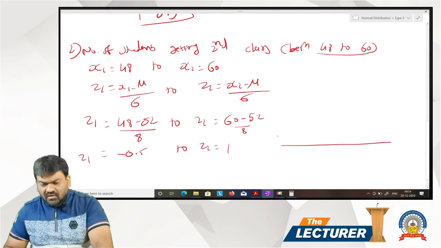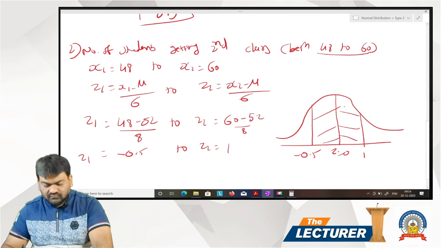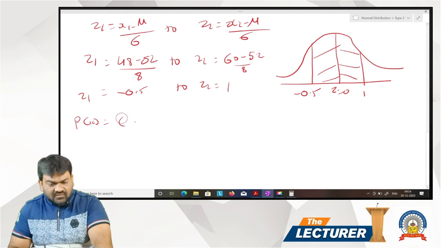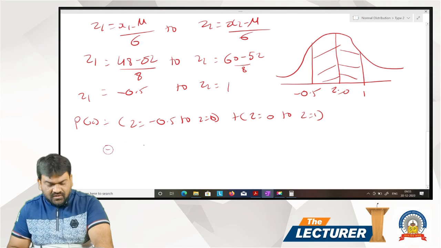Draw the area under the normal curve. In the exact middle, z is equal to 0. -0.5 is on the left hand side, 1 is on the right hand side. We need the area between the two. So probability is equal to z equal to -0.5 to z equal to 0, plus z equal to 0 to z equal to 1.